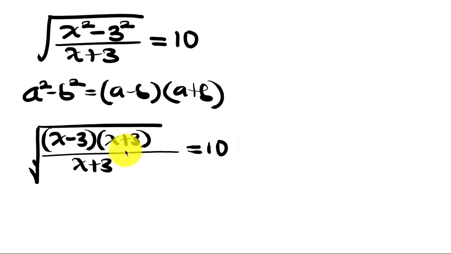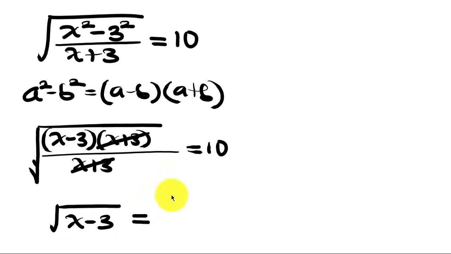Good. Now watch something. x plus 3 cancels out, leaving behind x minus 3. So we have the square root of x minus 3 remaining on the left-hand side, and this is equal to 10. Good. Now we have to get rid of this square root, and we can do that by taking the square of both sides. So take the square of the left and take the square of the right.